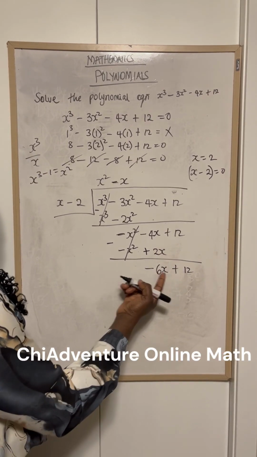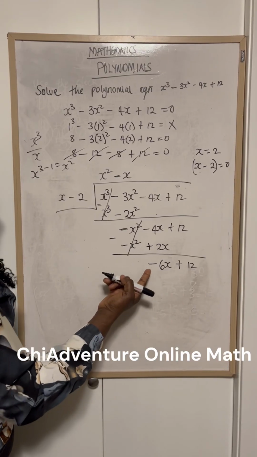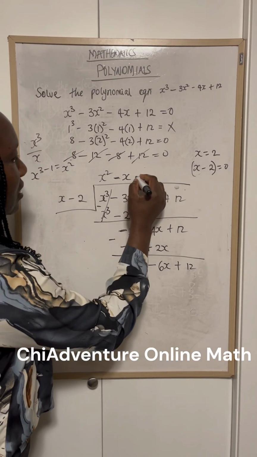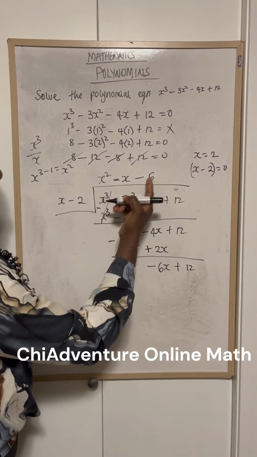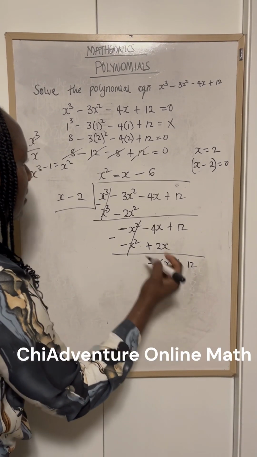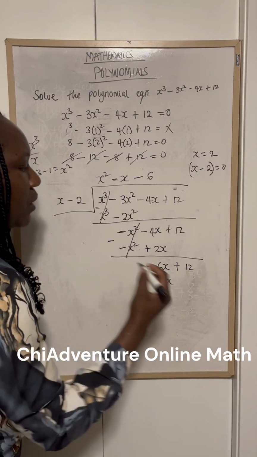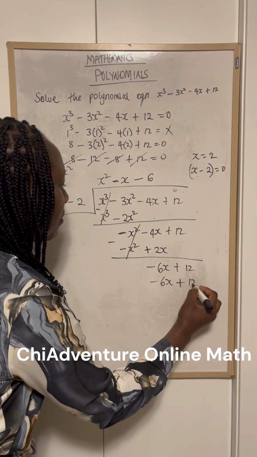So minus 6x divided by x will give us what? 6. Remember, we have a negative sign, so this is what? Minus 6. Minus 6 times x will give us minus 6x. Minus 6 times minus 2 is plus 12. So we'll have plus 12.